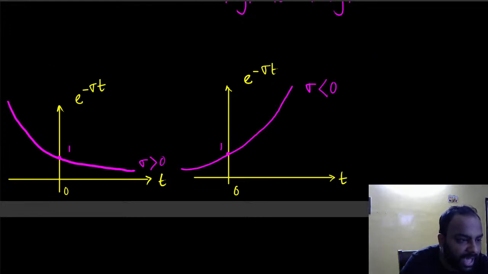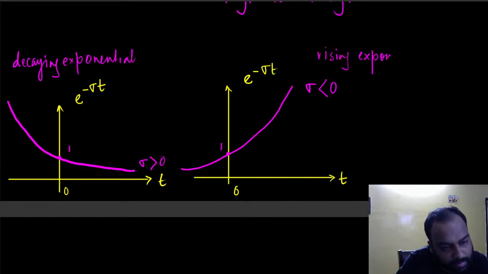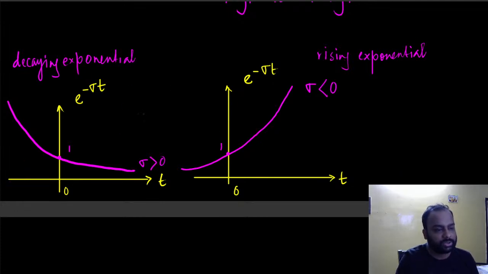So what we essentially have is a decaying exponential, and this is a rising exponential. So these are the two conditions under which these two scenarios take place: this is sigma greater than 0 and this is sigma less than 0.